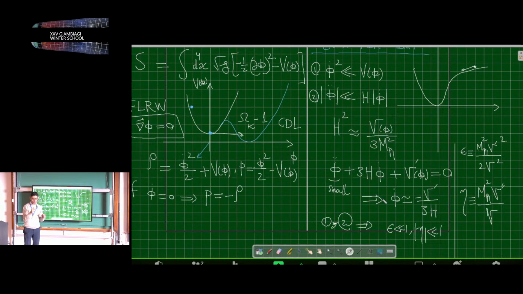It will approach this attractor line. And once you are on this attractor line, then phi acts like a clock, because phi just tells you where on the attractor you are, and then you just follow this attractor.